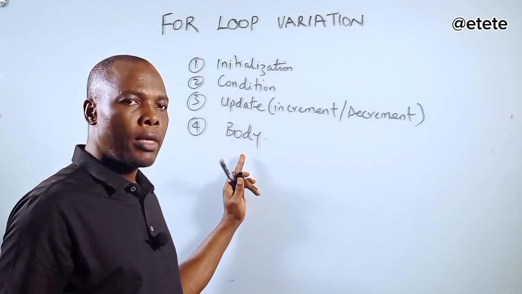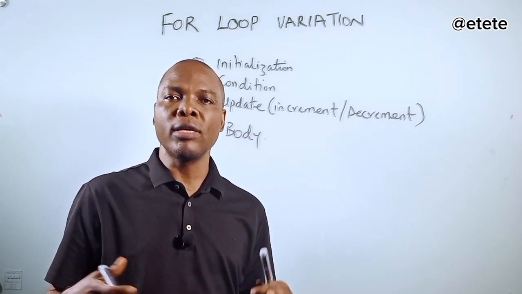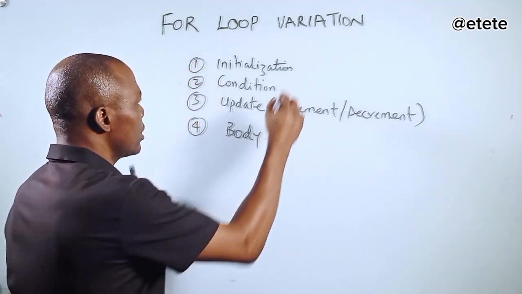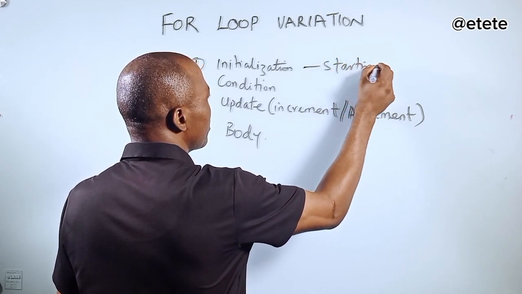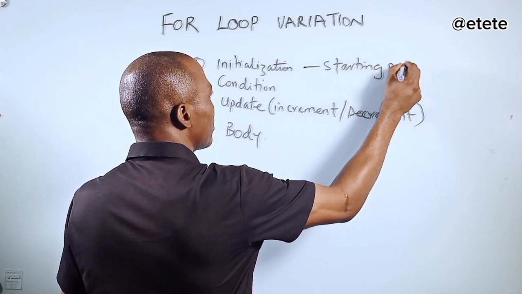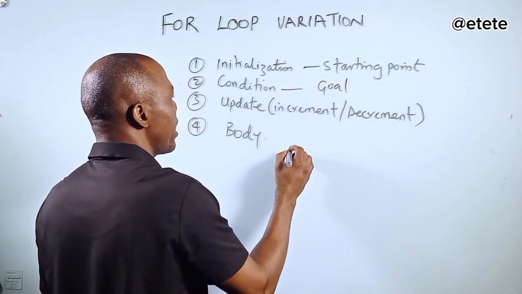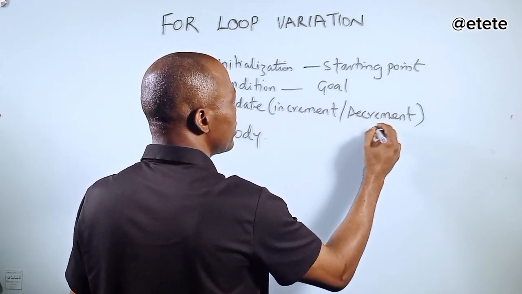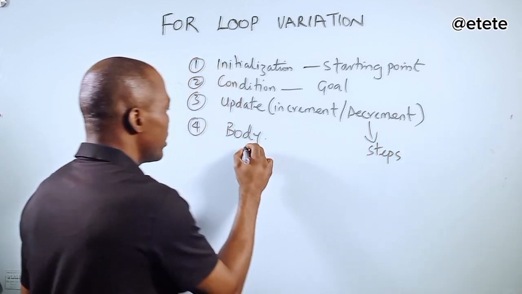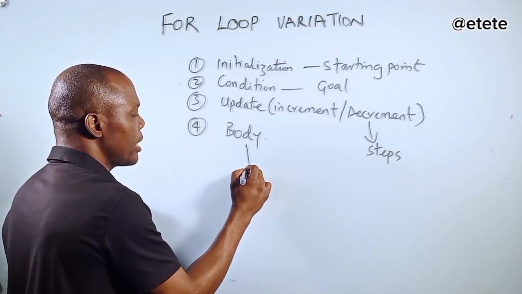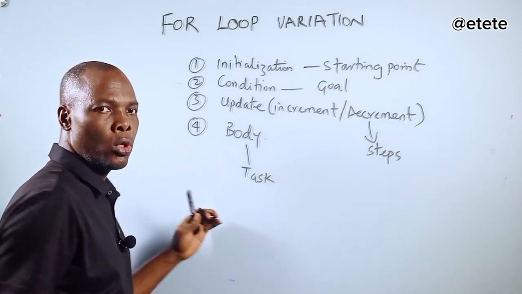Now, why am I writing this? A loop is like setting a goal. So this one is the starting point, right? Then this is the goal. These updates are the steps that you are taking. Then this is the task that you perform to achieve your goal.